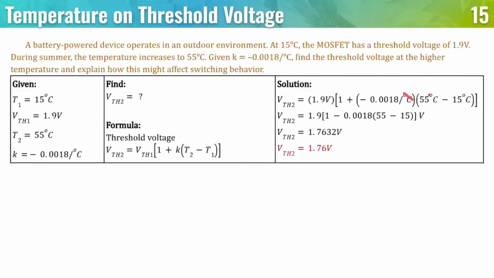So cancel, cancel, cancel. We have the unit and the final answer as volts. And then by computing, we find it is 1.76 volts. So this is just the same as earlier.